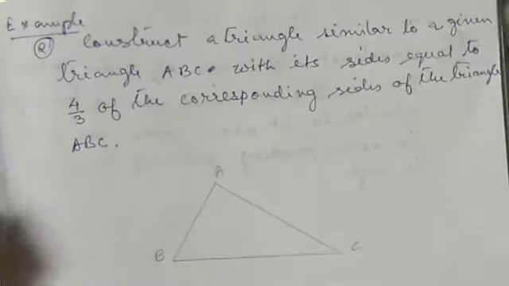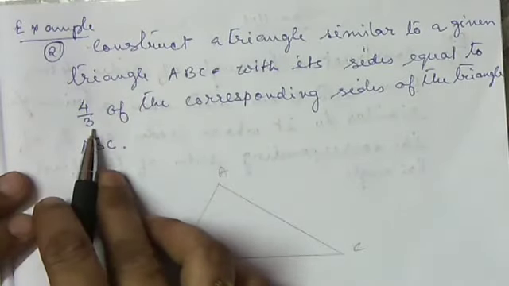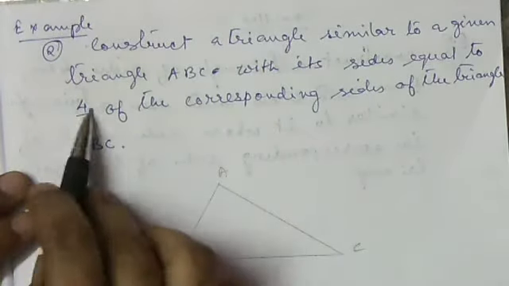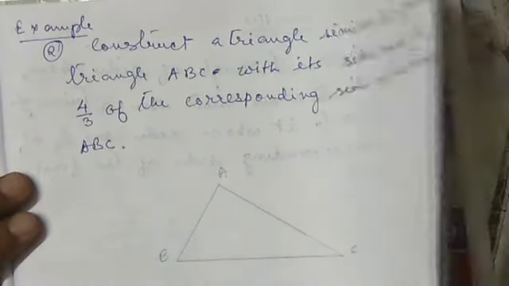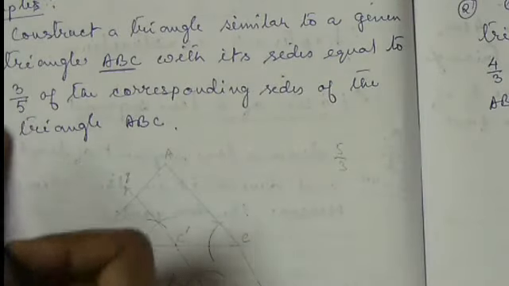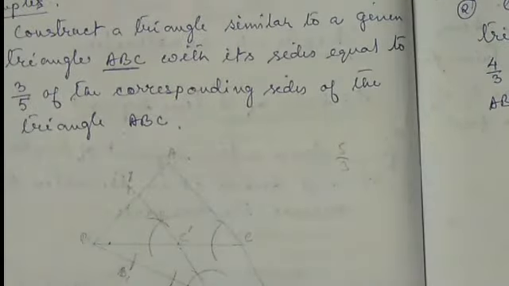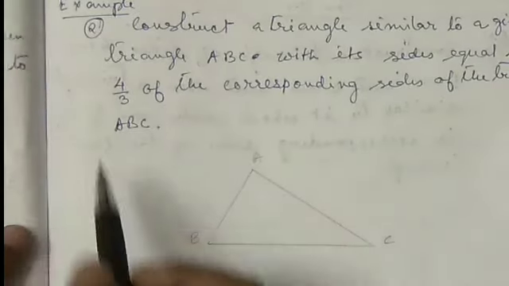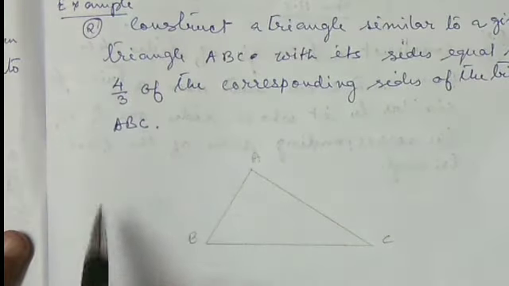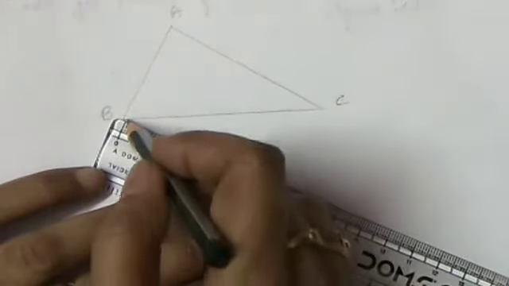So similarly, we can construct the triangle with an improper fraction also. While making the improper fraction, we always take the bigger number, maybe it's the numerator or denominator. According to the bigger number, we have to divide the ray. Here may it be an improper fraction. So while making the triangle, I have made it anyhow because the measurement of the triangle is not given.